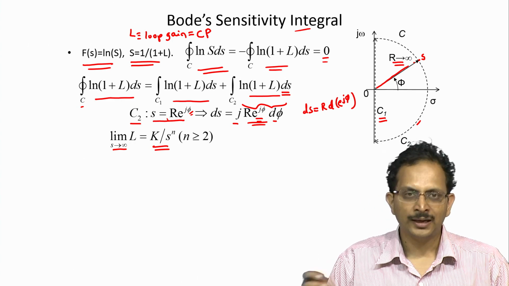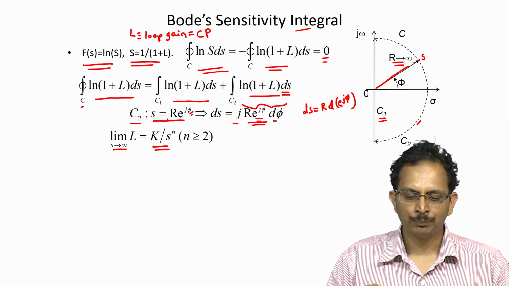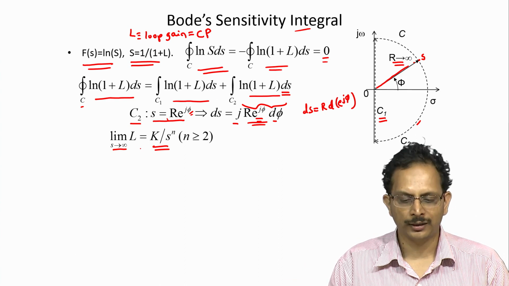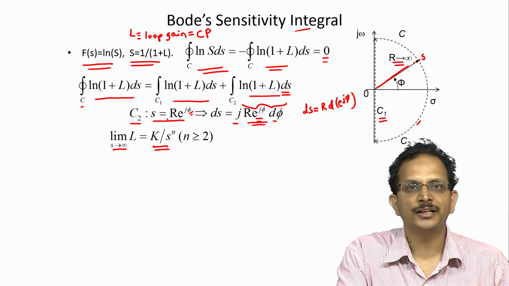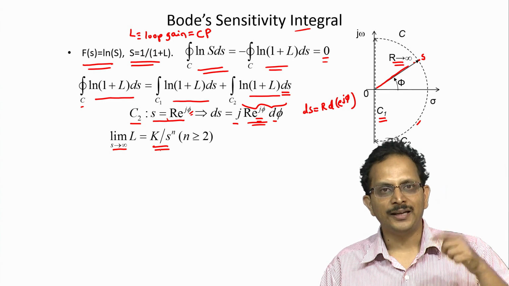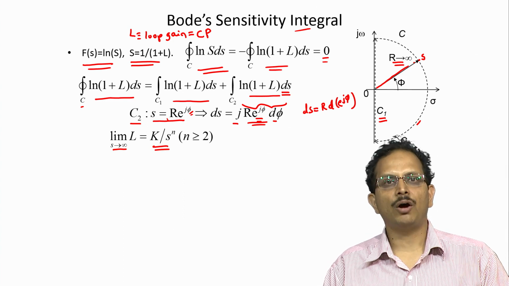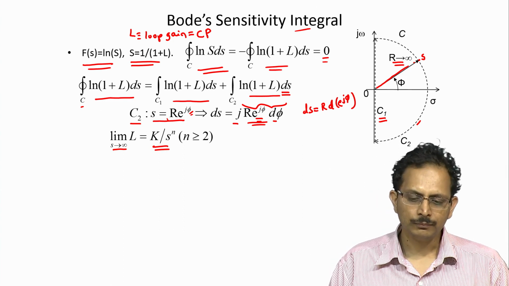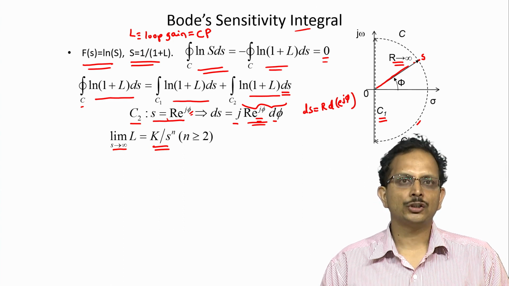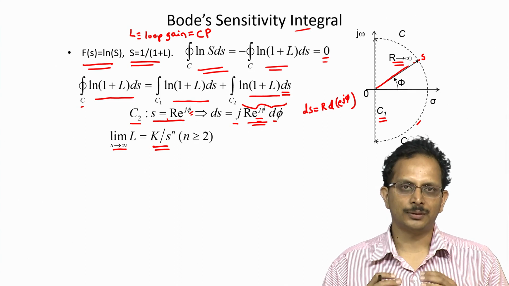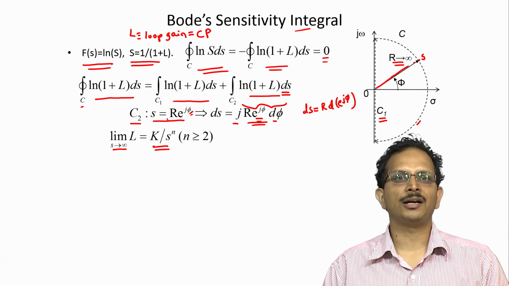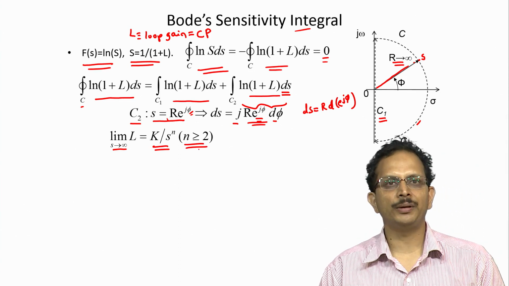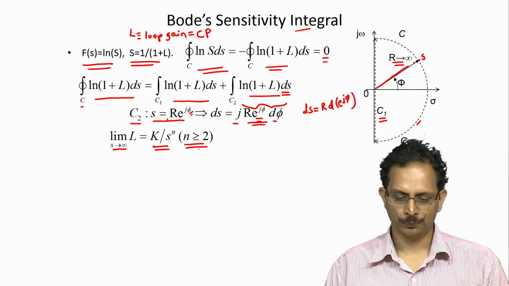We would note that in the limit s tends to infinity, we can write the loop gain L, which is the product of the plant and controller transfer functions, in the form k by s power n, where n is the sum of the relative degrees of the plant and the controller respectively. Since each of these subsystems, the plant and the controller, has a relative degree of at least 1, we note that the term n should be greater than or equal to 2.